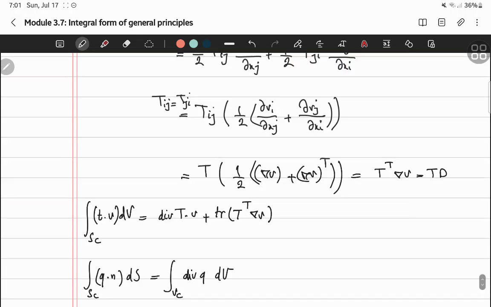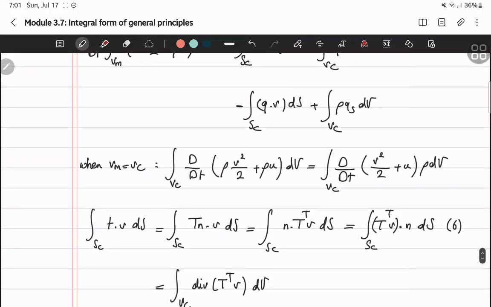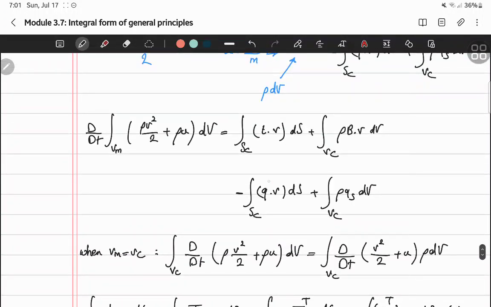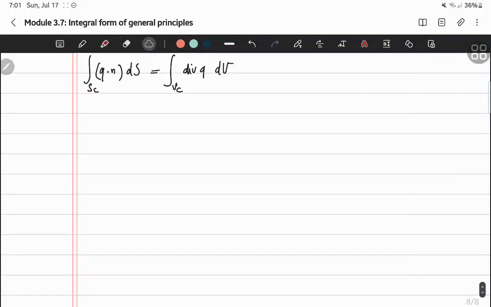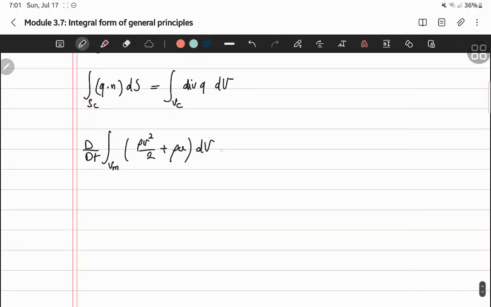So then we have, so we already converted this one, and these are both on V_c. So I can write this whole again. This is equal to, so I can take out rho as well.